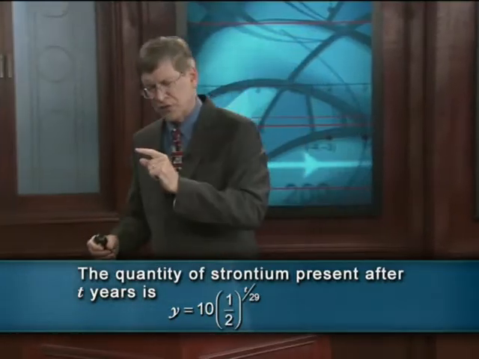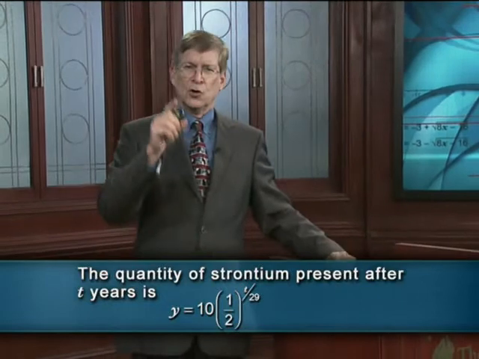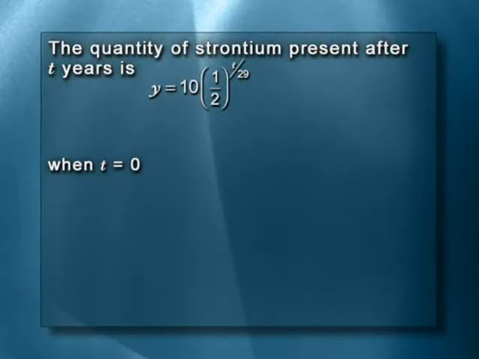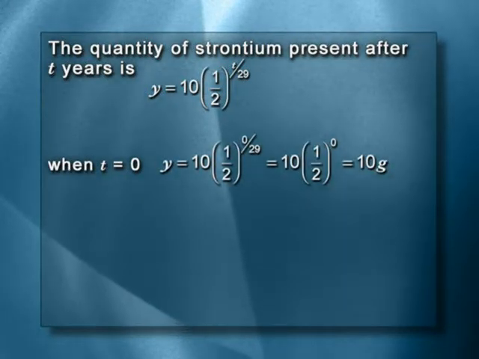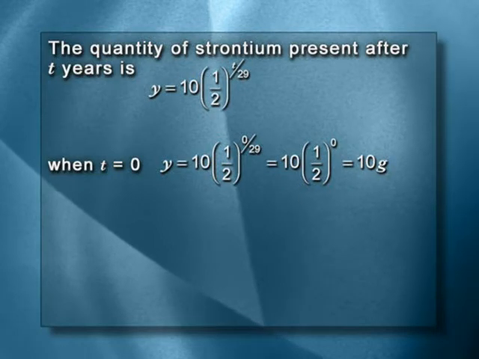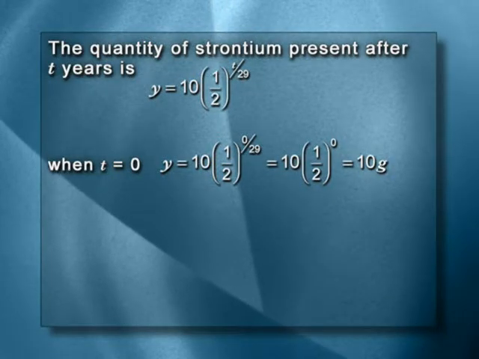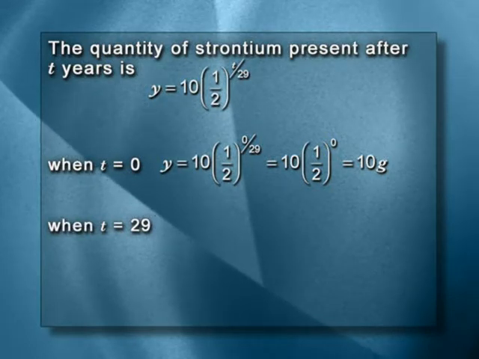Let me ask some questions about this model. What's the initial mass according to this model? Well, let t be 0. That's the initial mass. How much do I have right now? When t is 0, (1/2) to the 0 is 1, and 10 times 1 is 10. So that 10 in front of the model is the initial amount of strontium-90. How much do I have when t is 29?